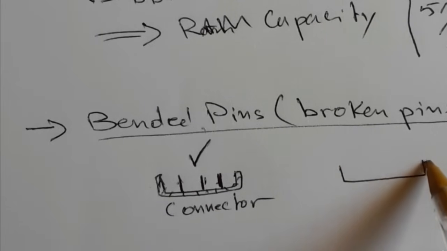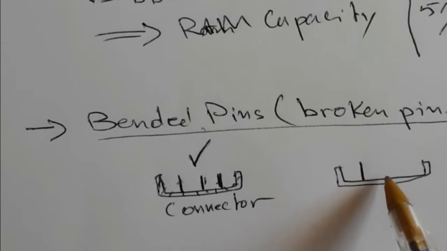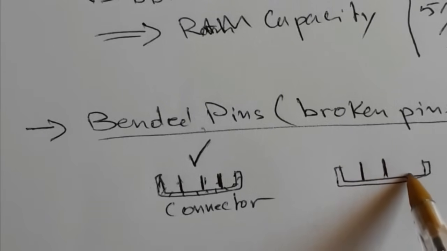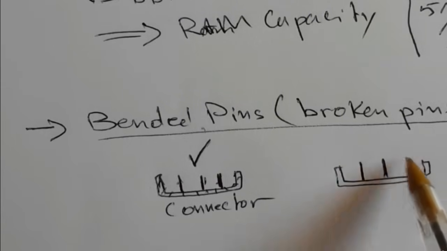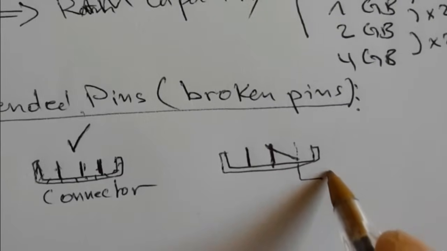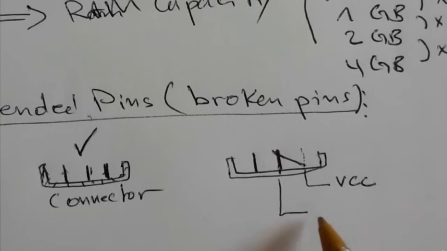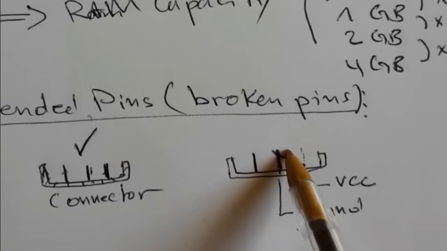But if there is a problem with the connector, for example, let's assume that we have 2 pins here and the 3rd pin is a bended, damaged pin, so it touches the 2nd pin. If we assume that the bended pin is VCC and the 2nd pin is the ground, it means we have a short circuit. This is a problem.